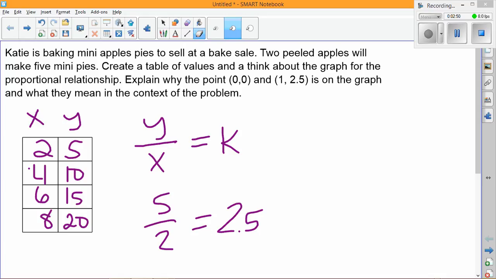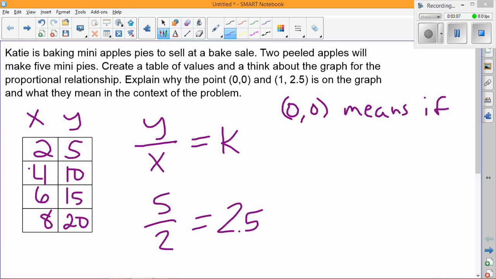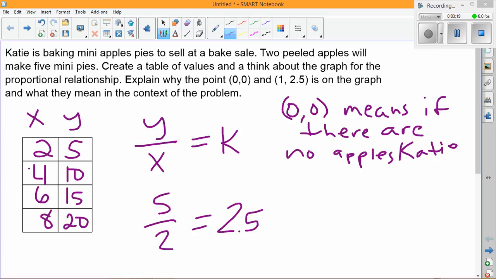So what they are looking for when they say explain why the point 0, 0 and 1, 2.5 is on the graph is: 0, 0 means if there are no apples, Katie can't make any pies.